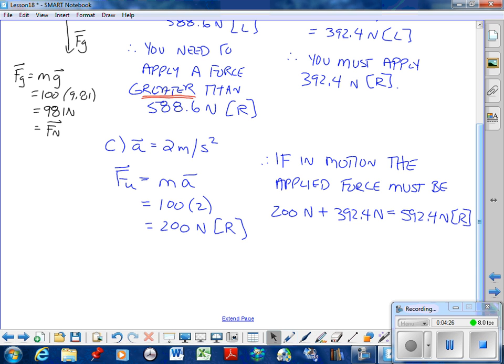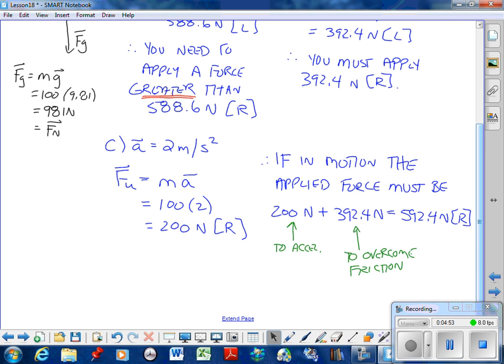Okay, so this is to accelerate, and this is to overcome friction. So you have to remember both components when they're looking for a final applied force. Okay, so it needs 392.4 newtons to overcome friction, and then the 200 newtons left over will do the accelerating.